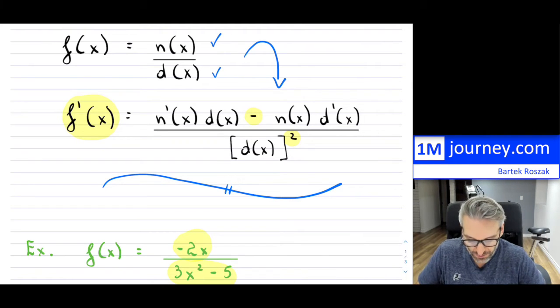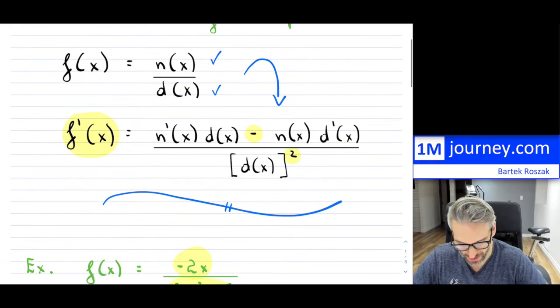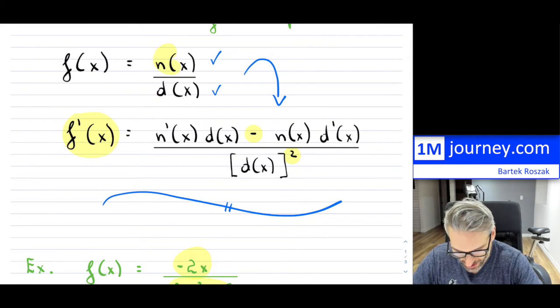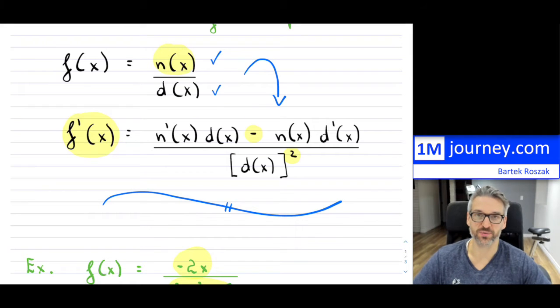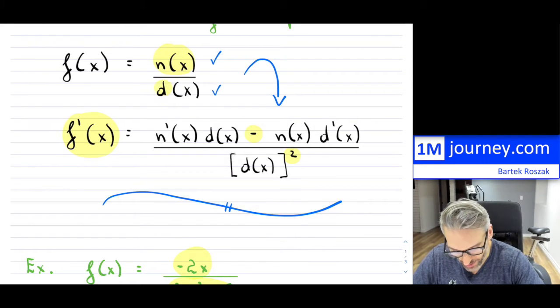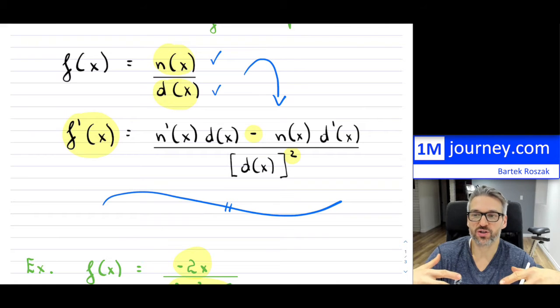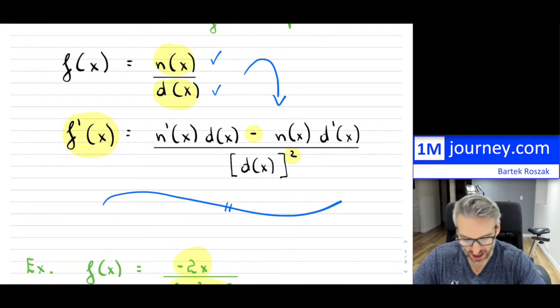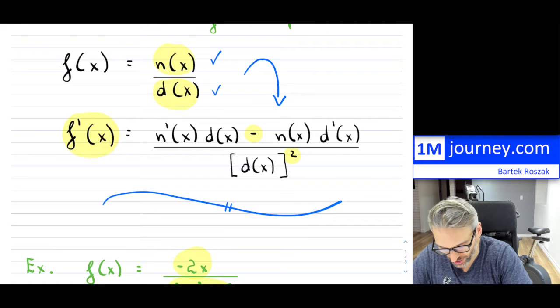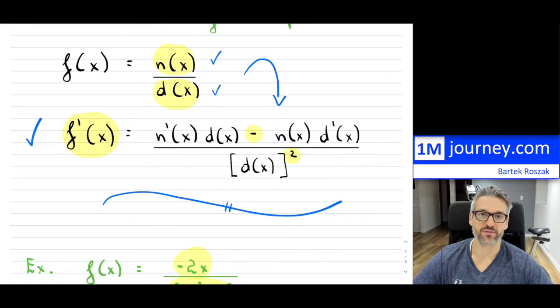Now, before I continue, I do want to mention that we are making a very key assumption, that the numerator is differentiable, and the denominator is also differentiable. Those are the two assumptions that we make. In this video, I'm just going to show you the actual application of this on several examples.